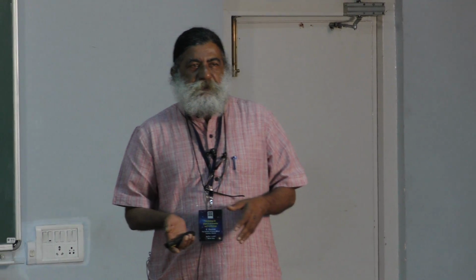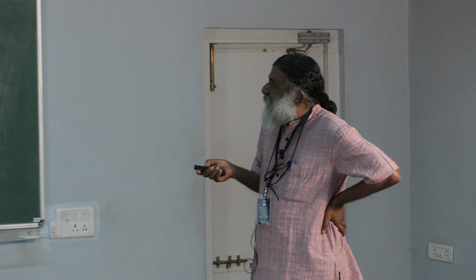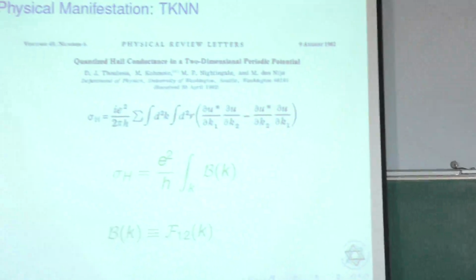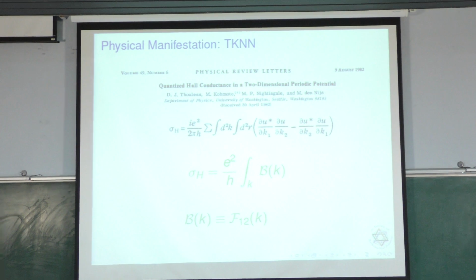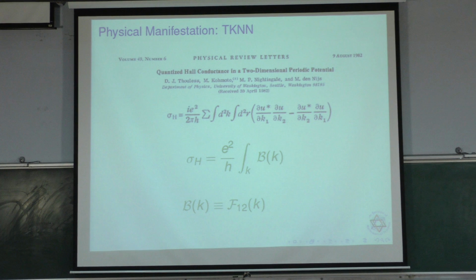So before going ahead, let me just give what are the physical manifestations of this metric and this Berry curvature. So the first thing that started off all the interest in this was that this integral of the Berry curvature over the Brillouin zone happens to be a topological invariant. It's called the Chern number. So it's completely independent of the details of the wave function.